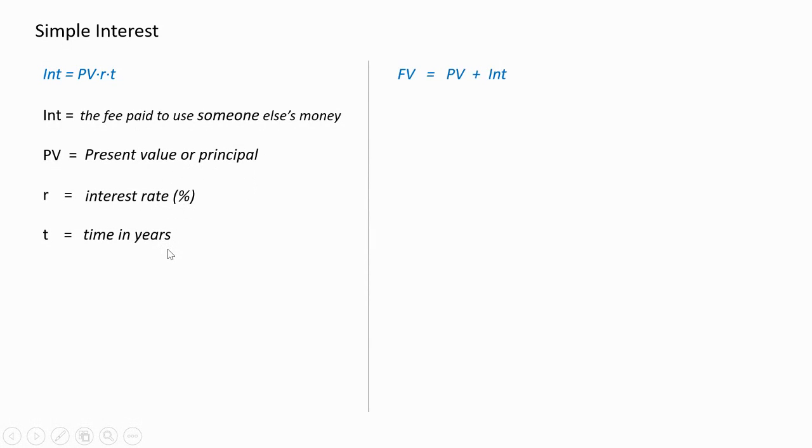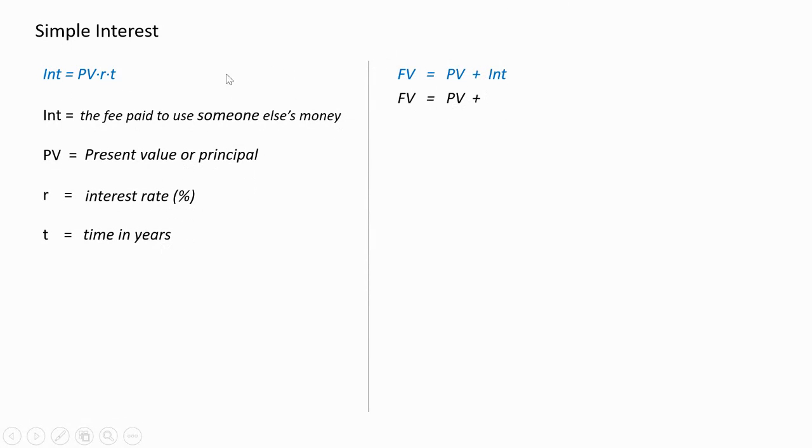Now there are two formulas for this section, I believe section 5.1. Once you have the interest, the future value is equal to the present value plus the interest. Now I'm going to derive the other formula from this one.